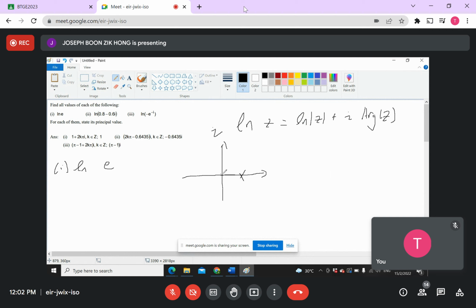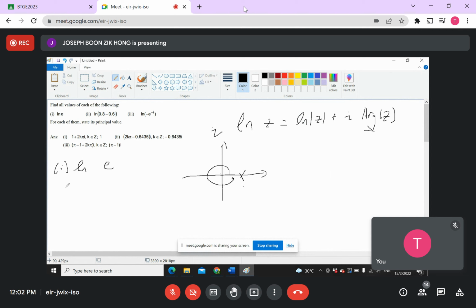Because the first round will be 0, after one round it will be 2 pi, after two rounds 4 pi, after three rounds 6 pi, and so on. So the argument for this case will be 2k pi. Of course, the principal value is 0 if we set the principal value. If we write the general argument, you have to write 0 plus 2k pi, that's why it's 2k pi.